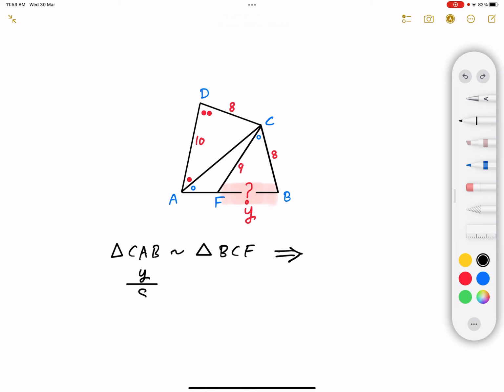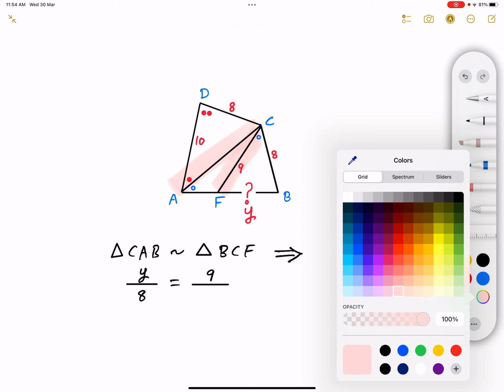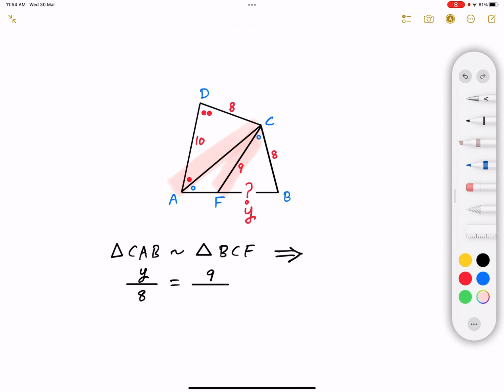It is equal to the proportion of this length: the proportion of the unknown length y to 8 is the same as the proportion of the length 9, which is this length here, to the length of AC.